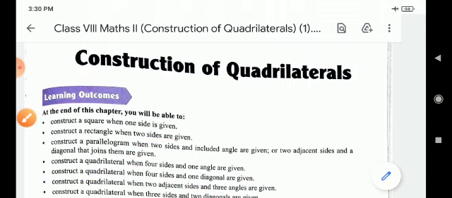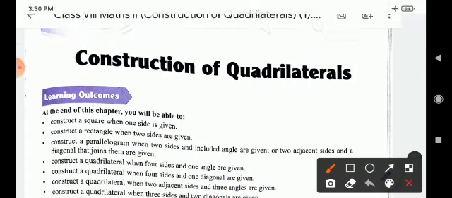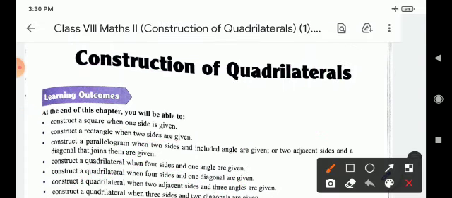Okay, children? Now, the elements of a quadrilateral. Children, adjacent sides: a very important point of the construction.